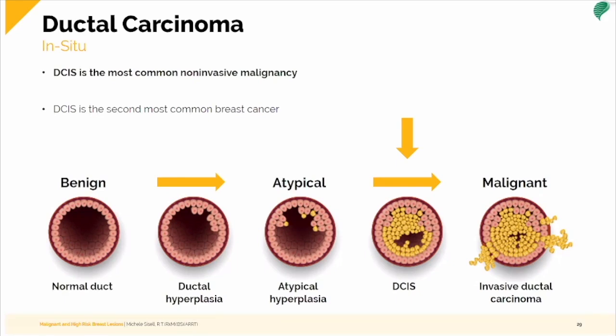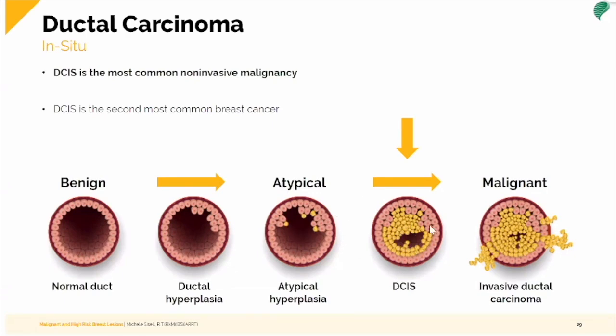So let's review the images. First is the normal duct. It has an inner layer with normal ductal epithelial cells. That's what this is. And then when we get to ductal hyperplasia, we're starting to get a few more layers, but they are looking still normal. We go to atypical. We have those layers, plus we have those abnormal layers starting to grow.